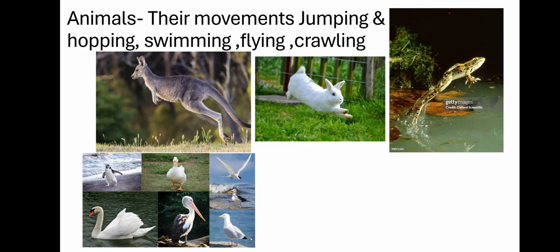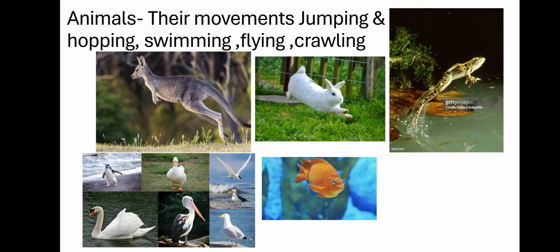You can see that they are swimming because they have webbed feet. Then there is a goldfish which is swimming. Fish live in water because they can breathe the dissolved oxygen in water. So that is their place, so they have to swim.